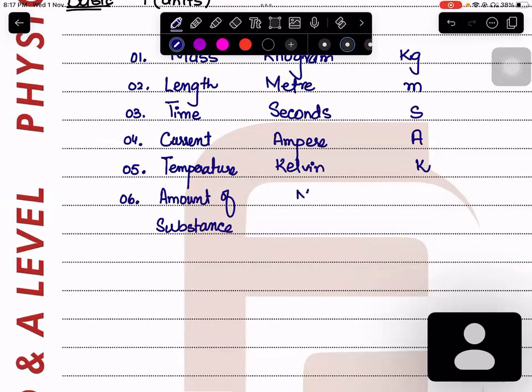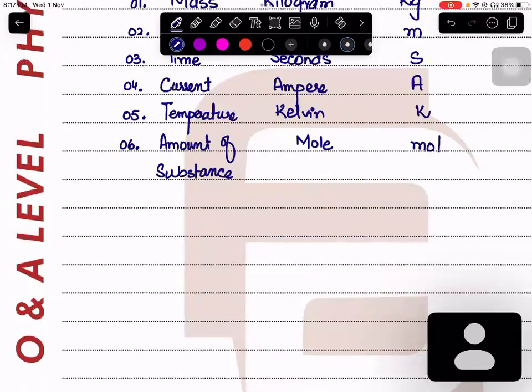Mole. Number seven, light intensity, candela, cd.